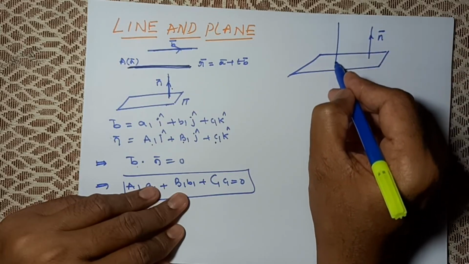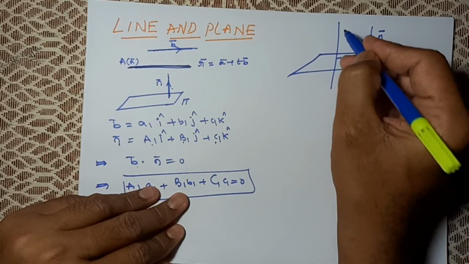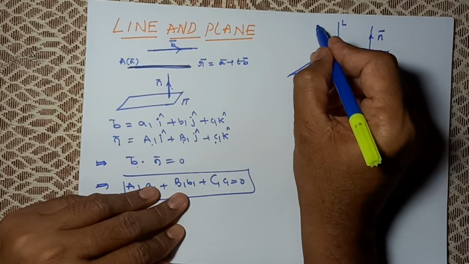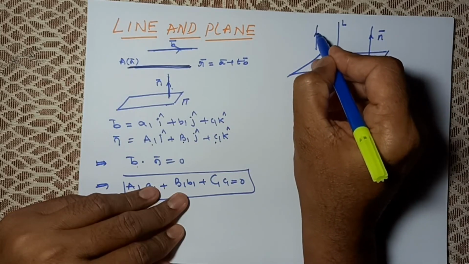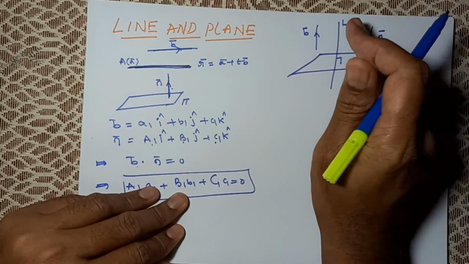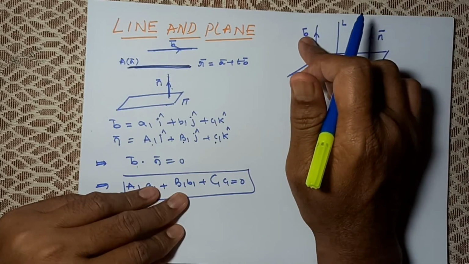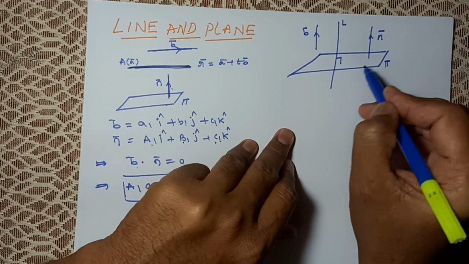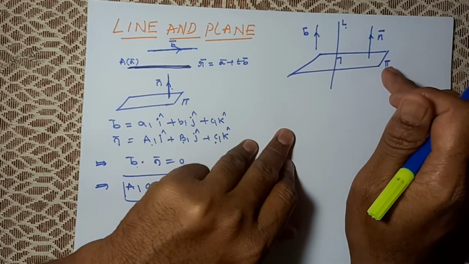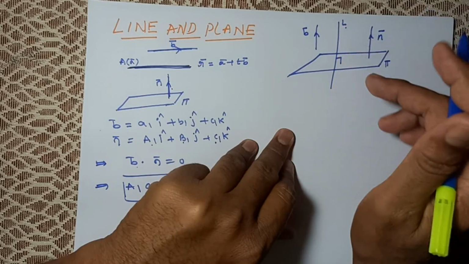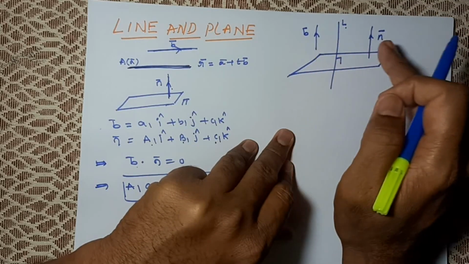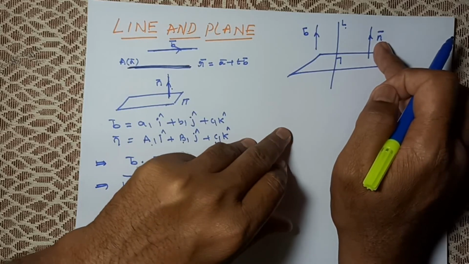Let there be one line which is perpendicular to this, let this be the line L, and the vector which is parallel to the line L is B bar. If you observe, this is the plane and this is the line L. This plane and line both are perpendicular, meaning this B bar and n bar are parallel.